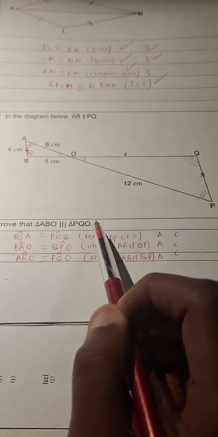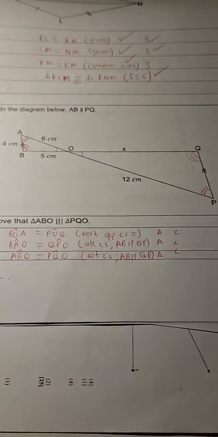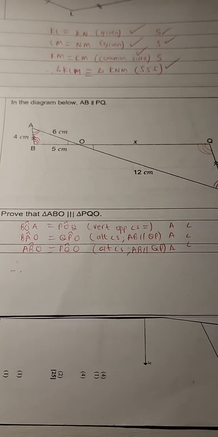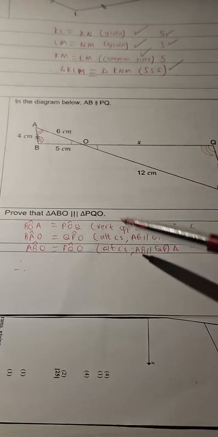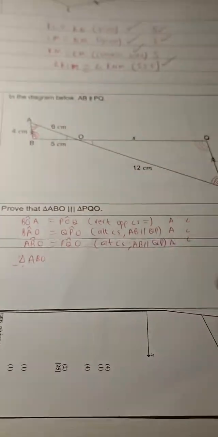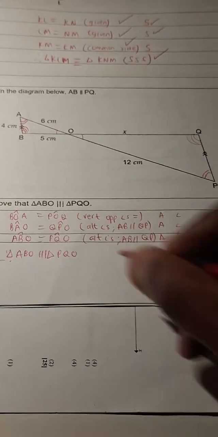And it is so because we do have the angles for which we can find reasons for them being equal. So we can conclude now and say triangle ABO is similar to triangle PQO, writing the order as it has been stated. What is the reason?